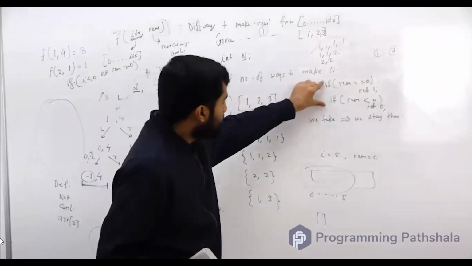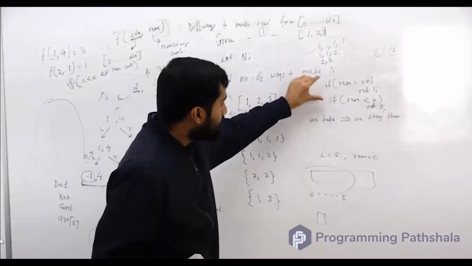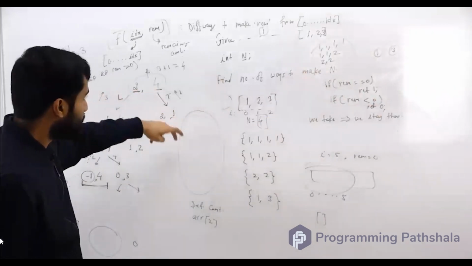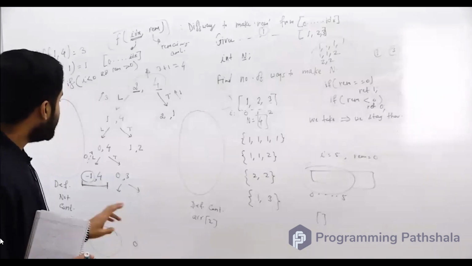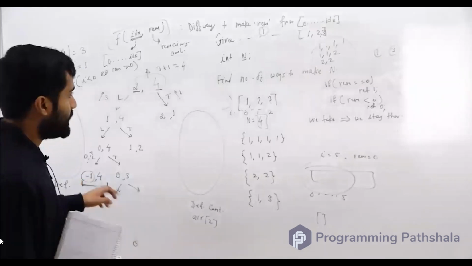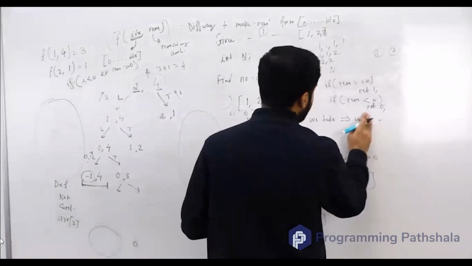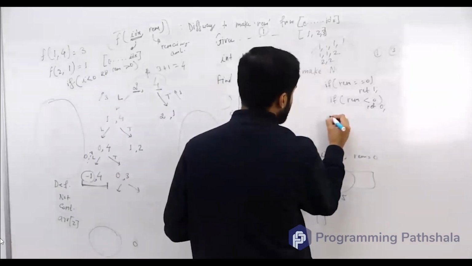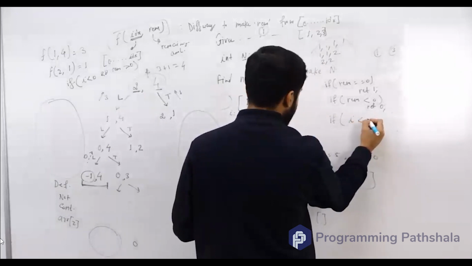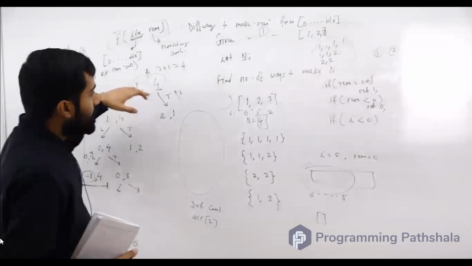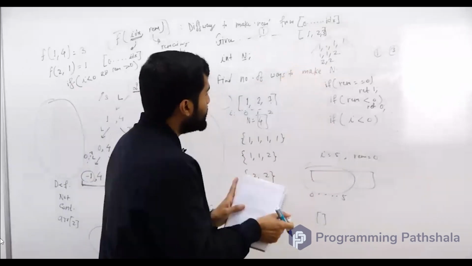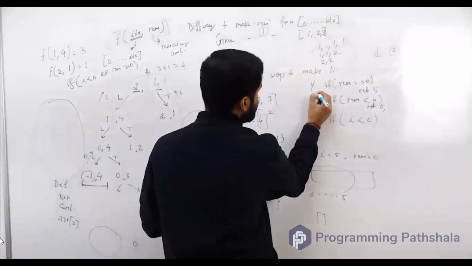So these two termination conditions have to be there because my remaining amount is reducing. But another thing to be noted here is that your index is also reducing. So you need to have one termination condition for your index also. The way I have written my termination conditions, this is my first, this is my second, this is my third.